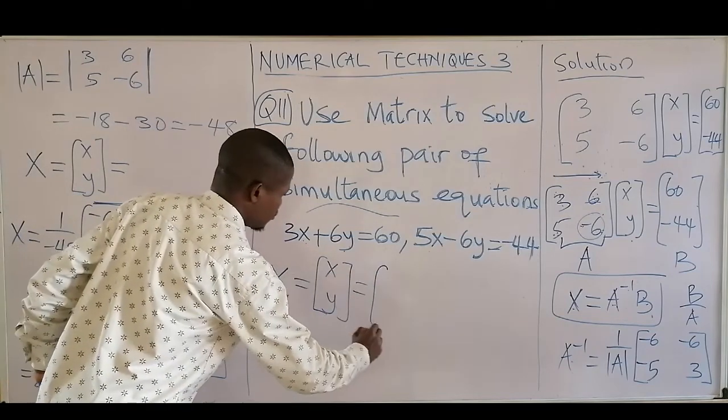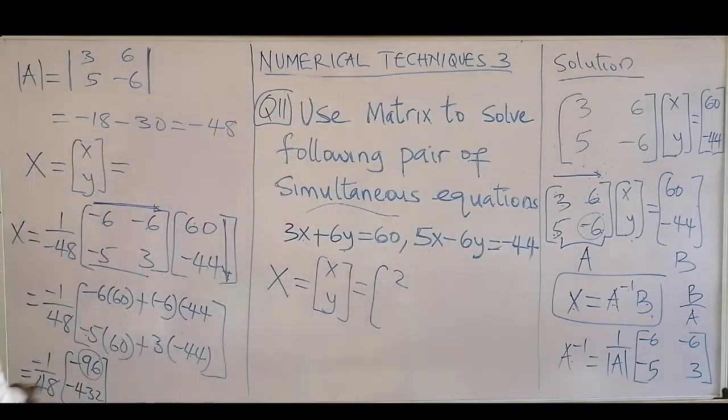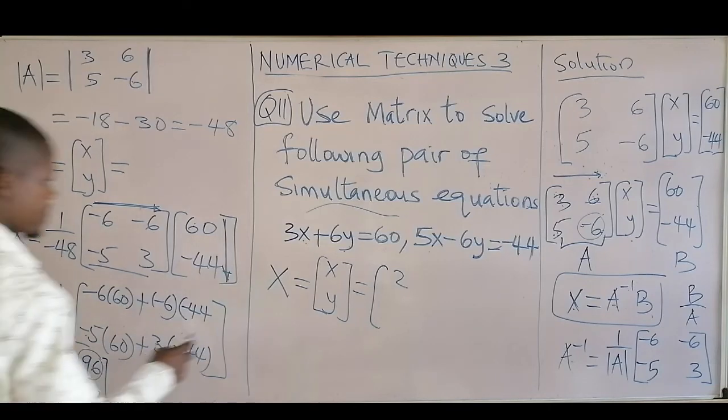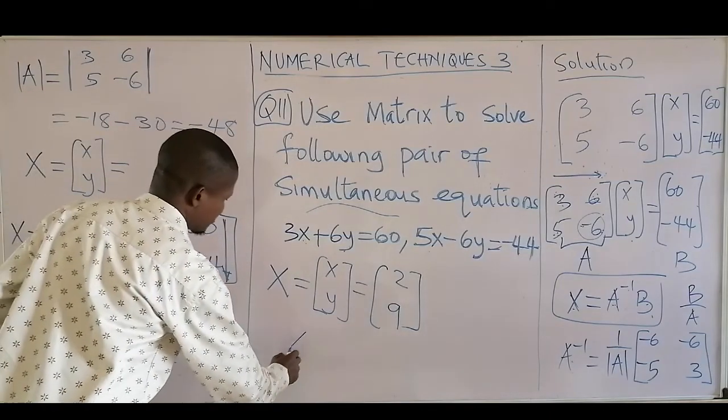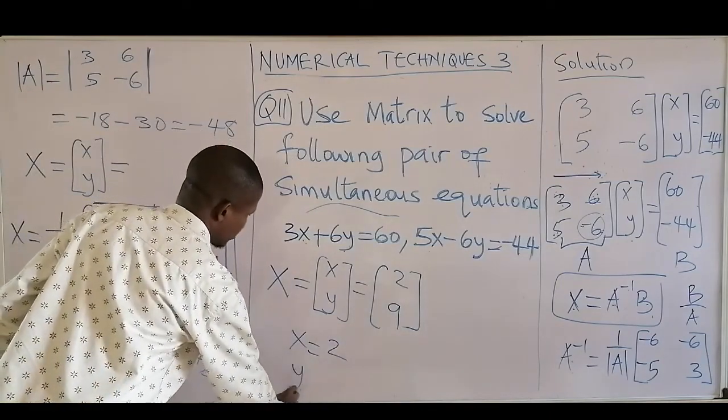And then minus 432 times minus 1 over 48, that's 9. So this implies that our x is 2 and our y is 9.